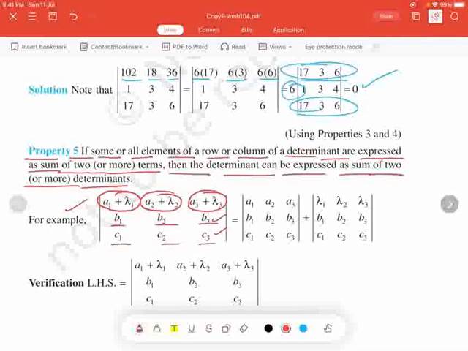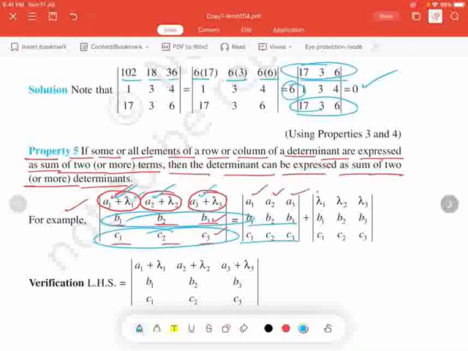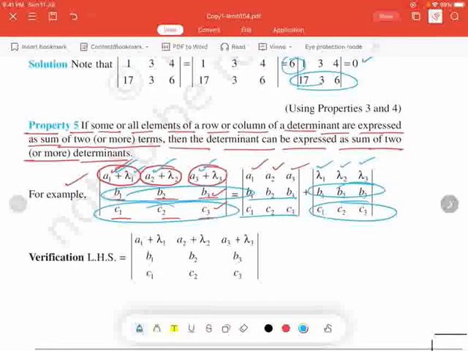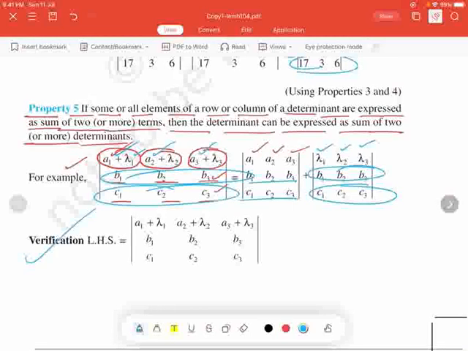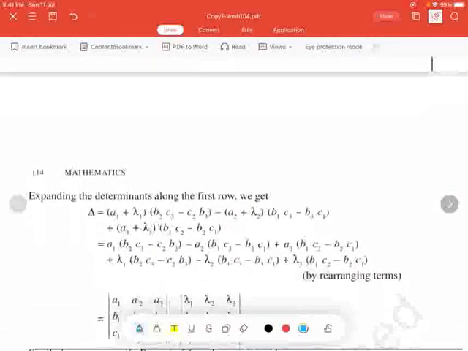So you can express it as the sum of two determinants: a1 a2 a3, b1 b2 b3 and c1 c2 c3, and this is delta 1 delta 2 delta 3, and the other row 2 and row 3 are the same. We can verify it, so you will get the same.